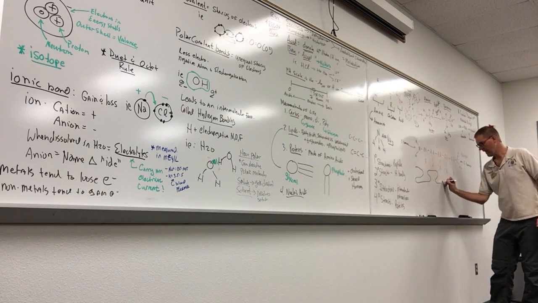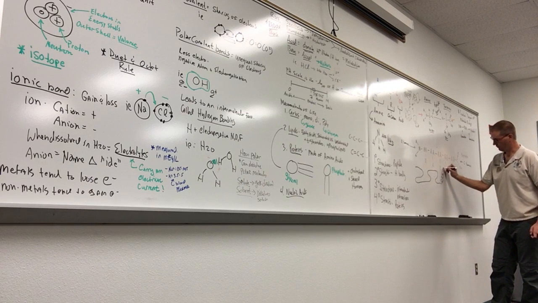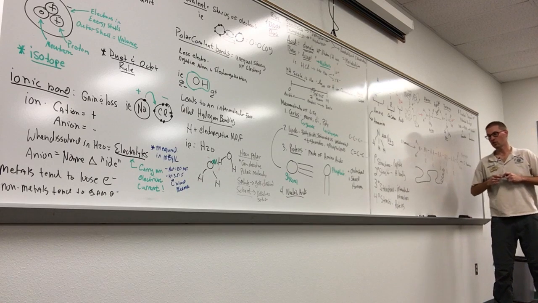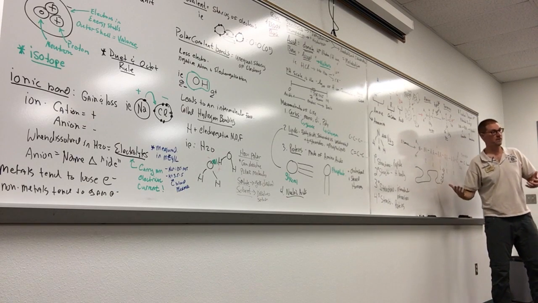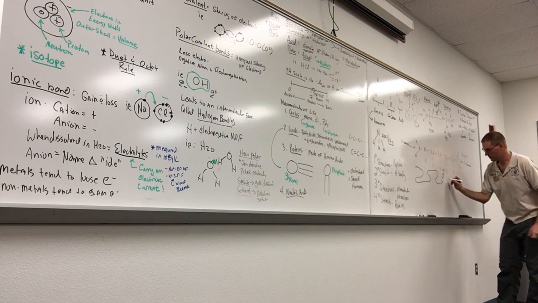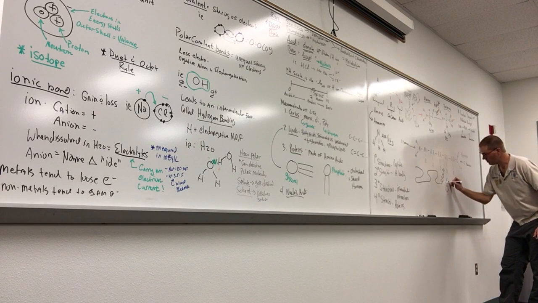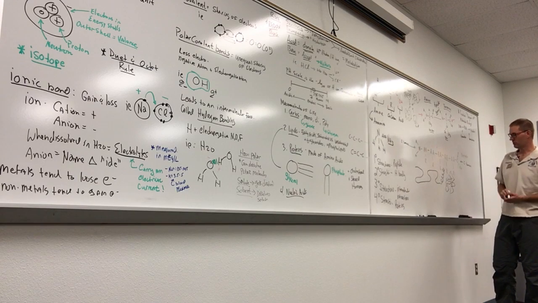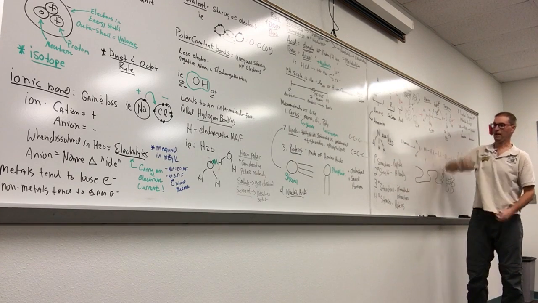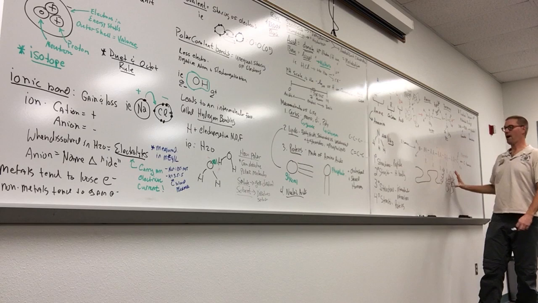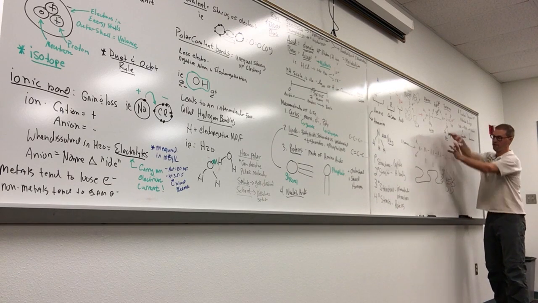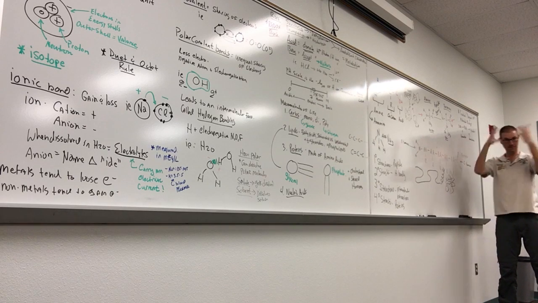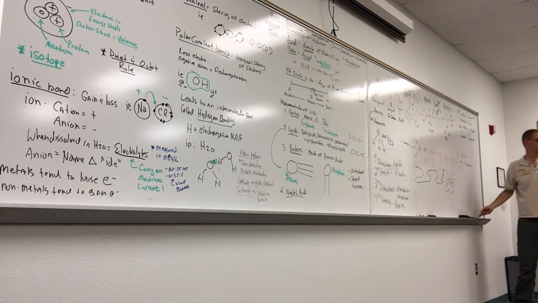Or you can get a helical type of folding, okay, and that's known as an alpha helix. So the secondary structure is often either a beta sheet or an alpha helix, and then the tertiary structure is a combination of helices and sheets to produce that globulin. And then if you have quaternary structure, then that combines with other ones to make the total protein. Okay. You guys okay with that?